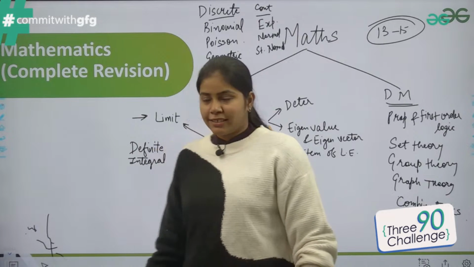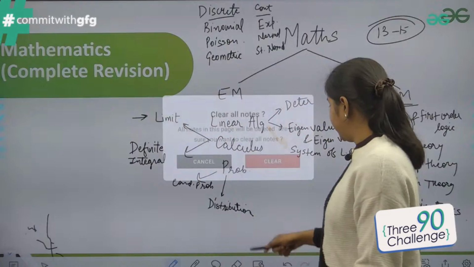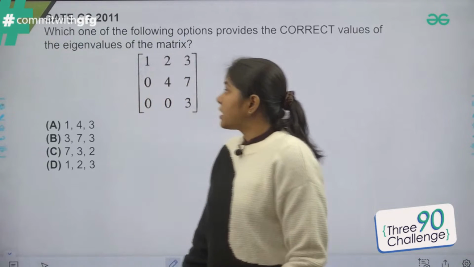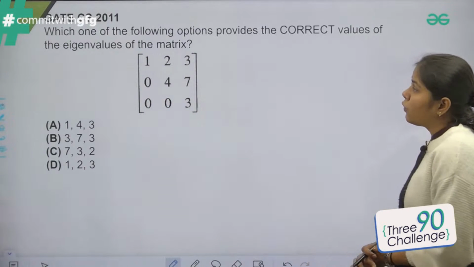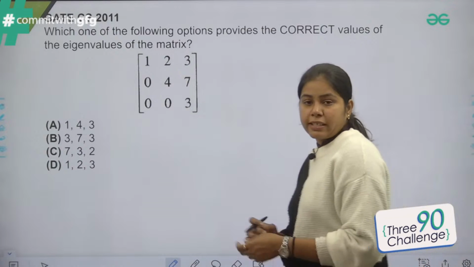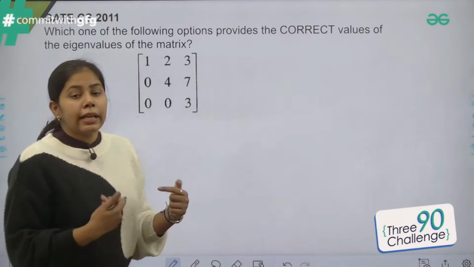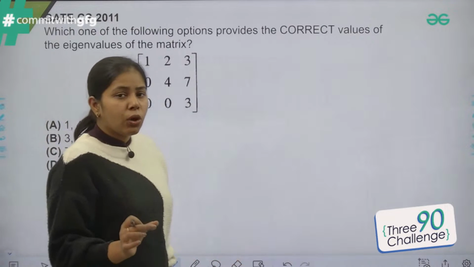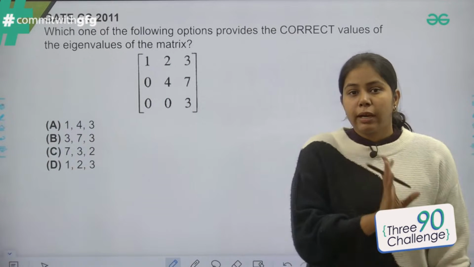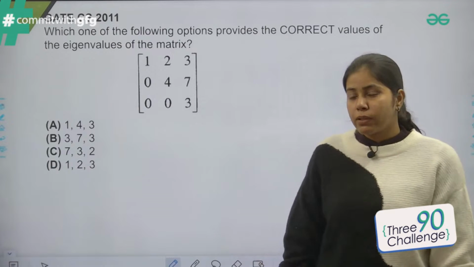Okay, let's start. Yeah, so this is a question. It says, which one of the following options provides the correct values of the eigenvalues of the matrix. So I have to provide the correct eigenvalues of the matrix. All of you know, to find an eigenvalue, I have to solve the determinant of A minus lambda I equals 0.